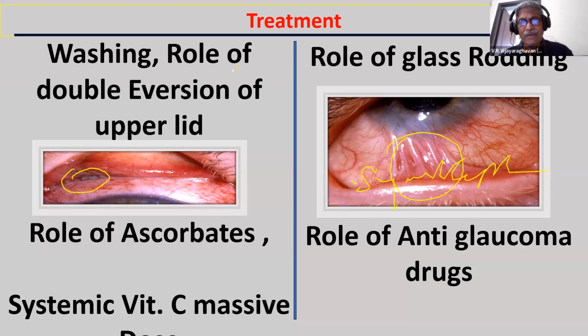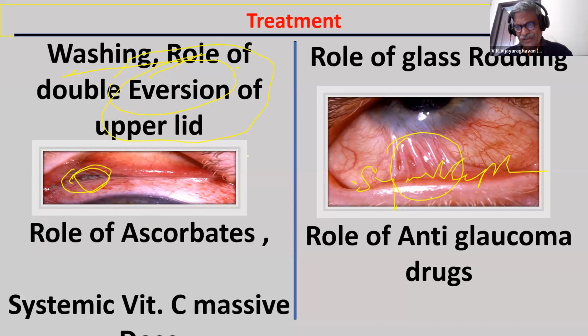Double eversion means one eversion of the upper lid, and one more eversion of the same lid. Of course, I have to use some instruments. What for? To see, the chemicals may be here. That means you have to remove these chemicals. Otherwise, they will remain there for some more time and create complications for the patient. That is why your answer is double eversion. That's why I've given the role of double eversion.